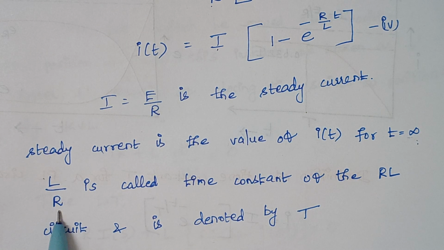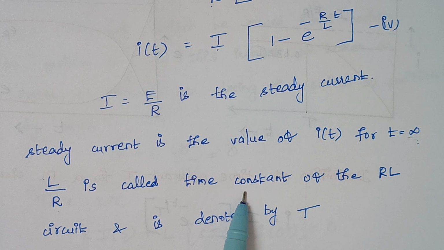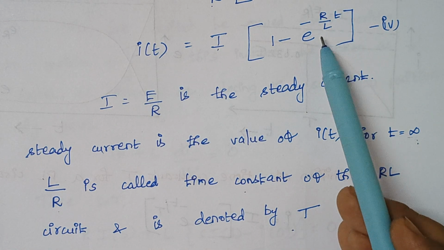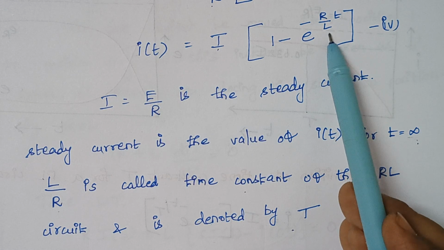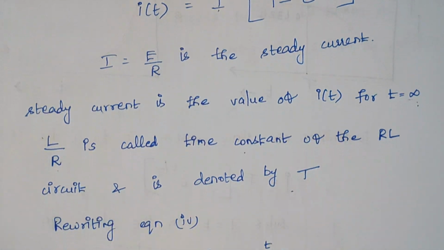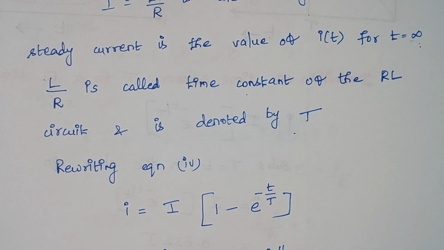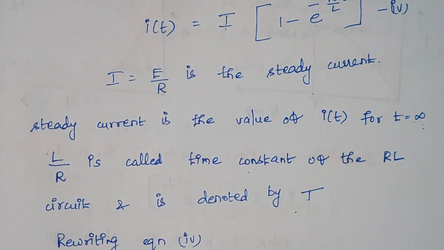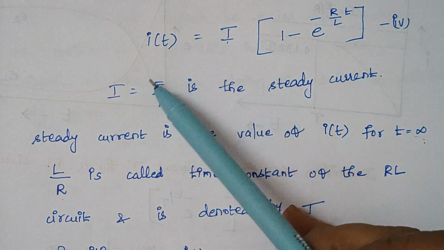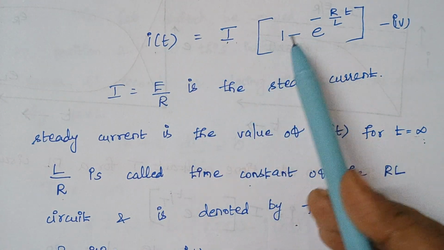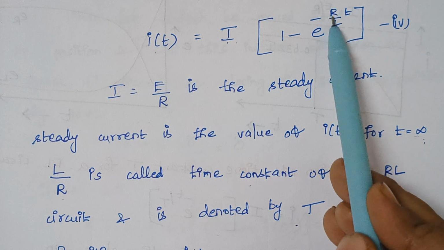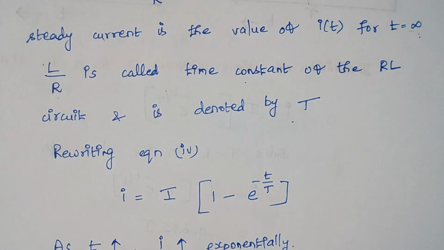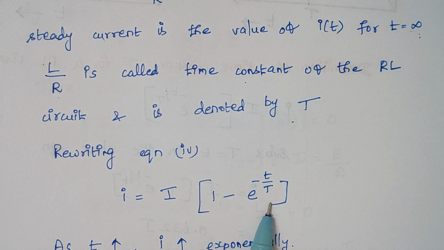And here L by R is known as time constant and it is denoted as T. But here we are having R by L, so this is nothing but our 1 by T. Now when you rewrite this equation in terms of time constant, we are just rewriting this expression: I equal to capital I into 1 minus e power minus, in the place of R by L, I am replacing with 1 by capital T. So this is our equation.